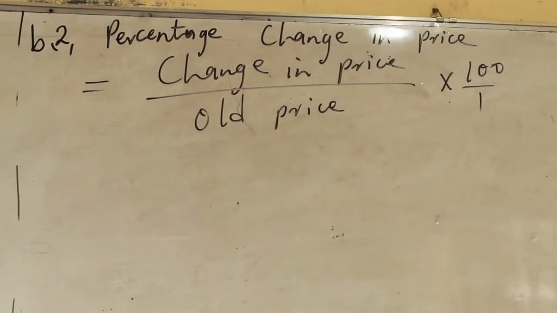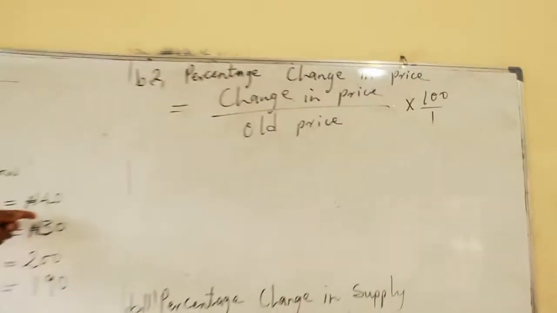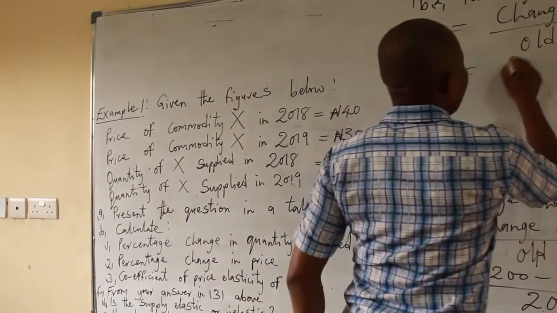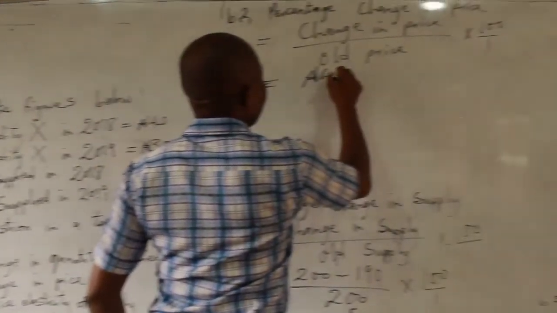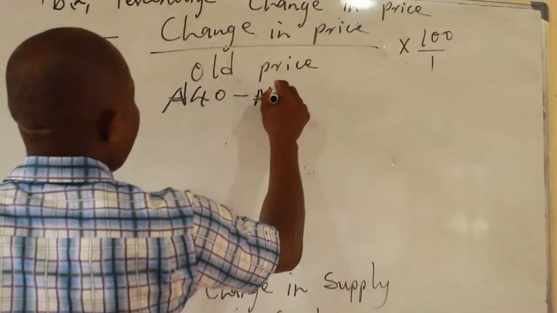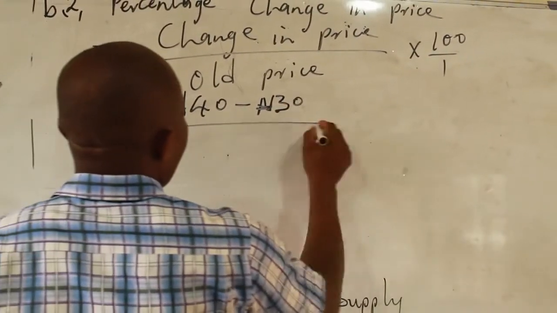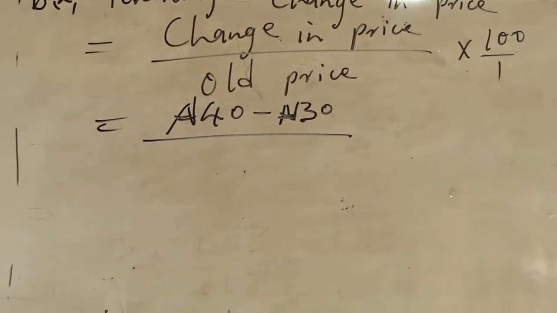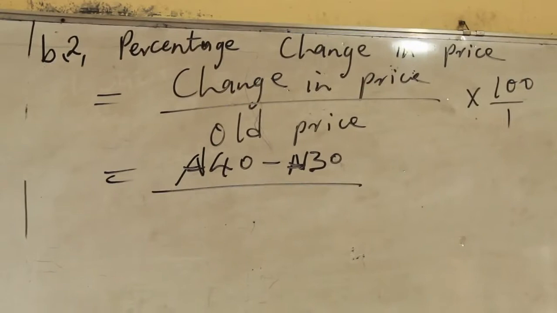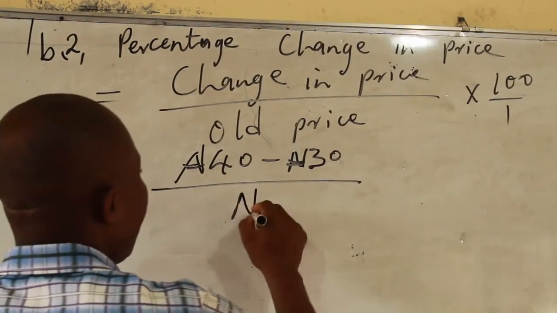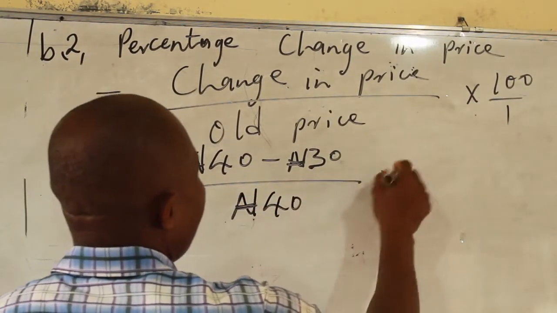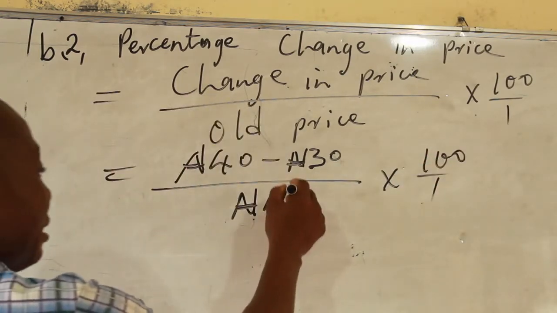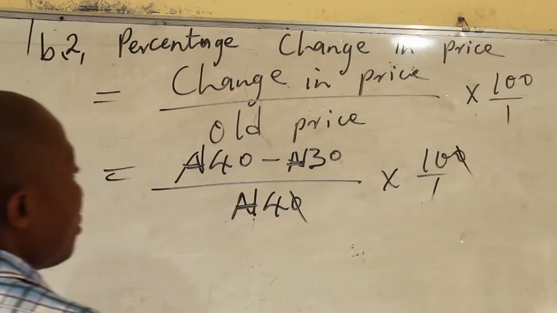From the example, we have 40 naira and 30 naira. I will say 40 naira minus 30 naira all over our old price, which still remains 40 naira. That is the price of commodity X in 2018. Times 100 over 1. Here, this 0 can cancel this 0.